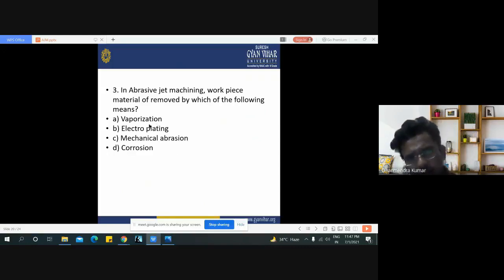Vaporization does not take place because there is no generation of extra heat. Electroplating is not possible because we can't use a dielectric medium or anode or cathode here. Corrosion is not possible because we are not using pure oxygen directly. So mechanical abrasion is the only force responsible for the removal of extra material from the workpiece in the abrasive jet machining process.